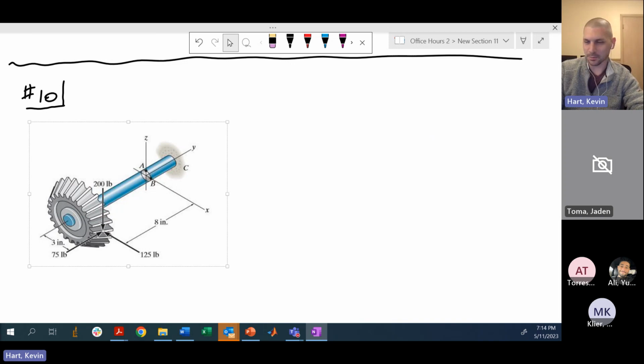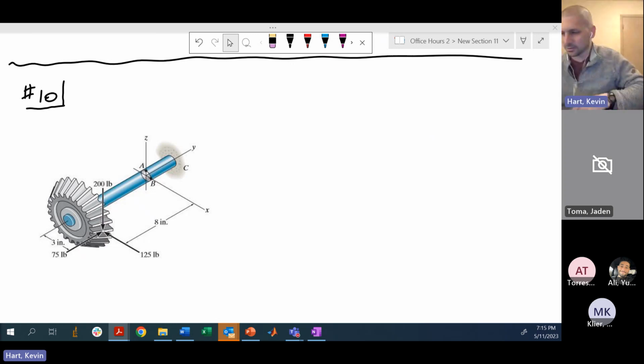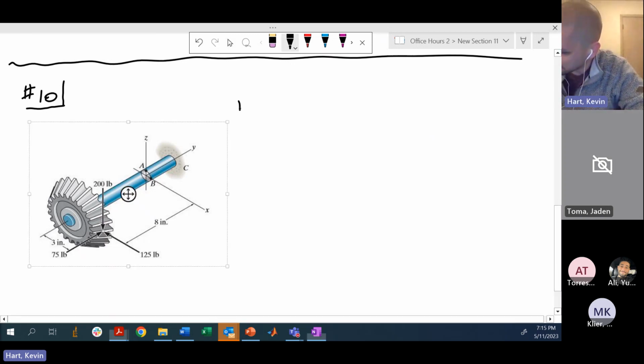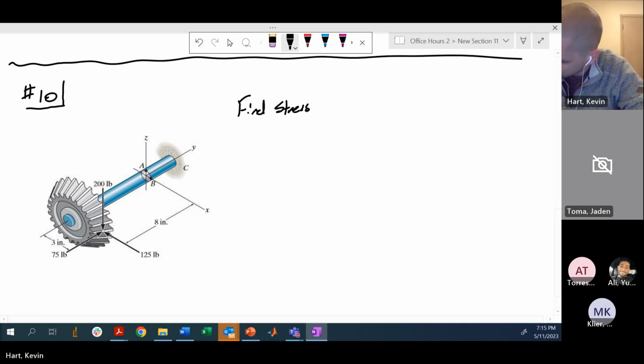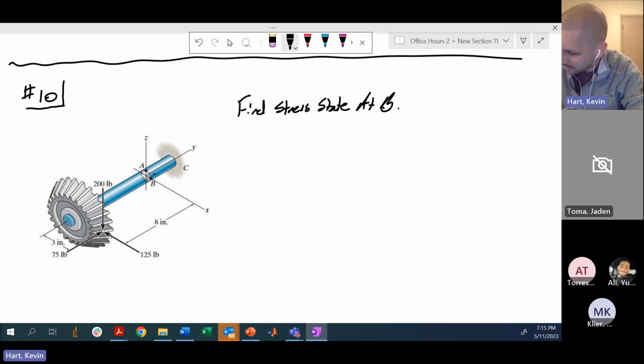And we're only analyzing point B. Imagine if we had to do A and B. Okay. So really what you want to do here is find the stress state at B. That's what we're analyzing here. And B is here on this particular side of the bar.